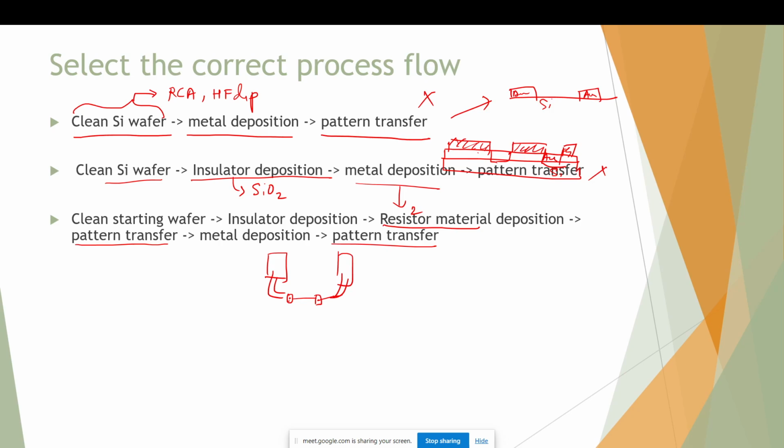So the thing is, if we are putting the resistive material and directly the metal... The metal can deposit on silicon. Exactly, not on silicon, it will deposit on oxide only.